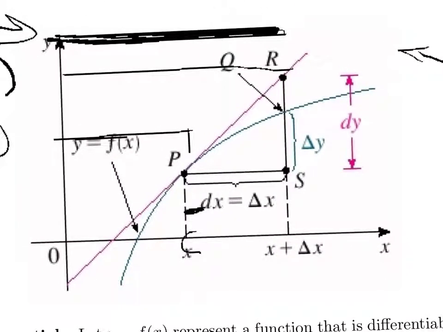Delta y is here. What's the y value at c, and then what's the y value some distance away from c? So it's just looking at this distance. The differential is looking at the distance between the original function at c and then the linear approximation at some point later.